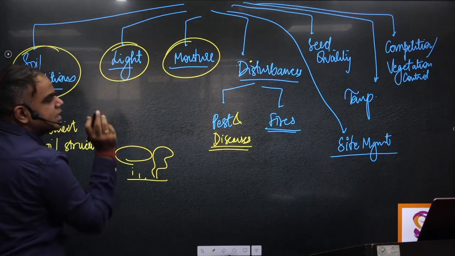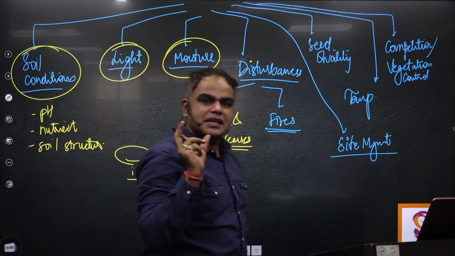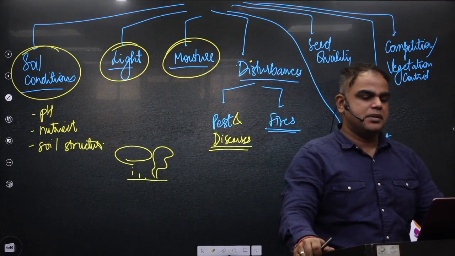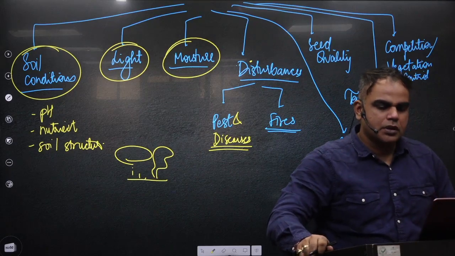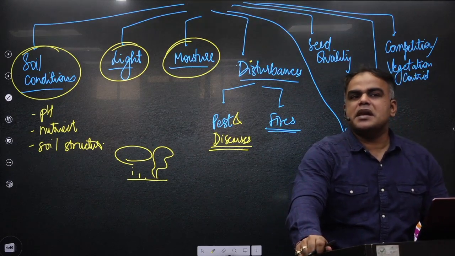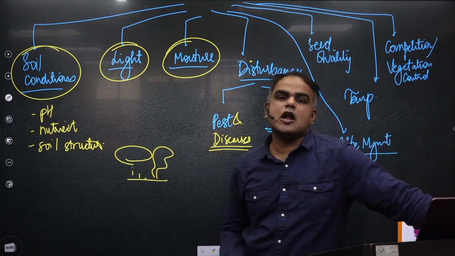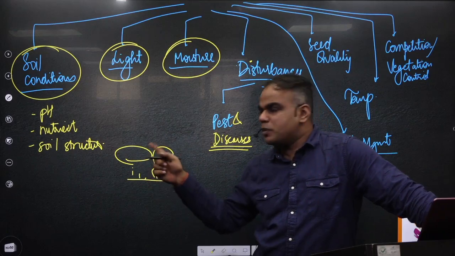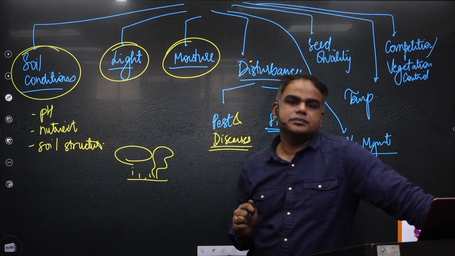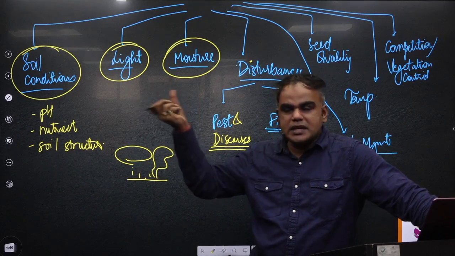So the seedling is a very young stage, in that we want access to light, for example. Okay, so if we have some light demanding species, you don't want a dense canopy. A dense canopy would not let the light come in. Okay, so light also plays an important role.